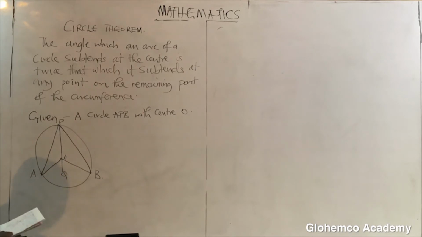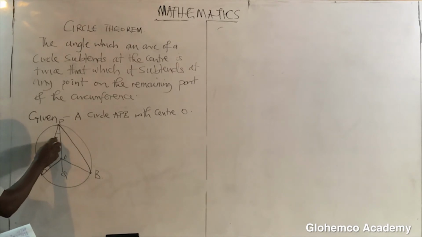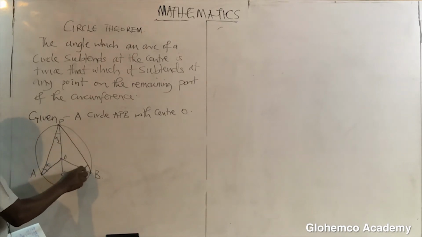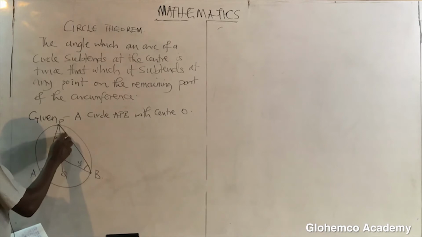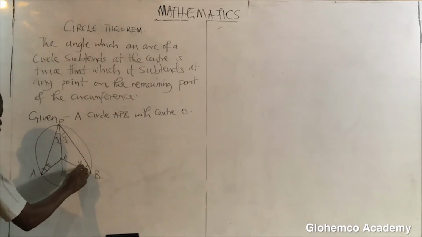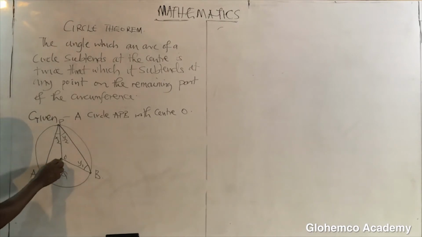Now, we are saying that if this angle represents x1, this angle will represent x2. This angle, let's represent with y1. This angle will represent y2. We have labeled our angles from the diagram.